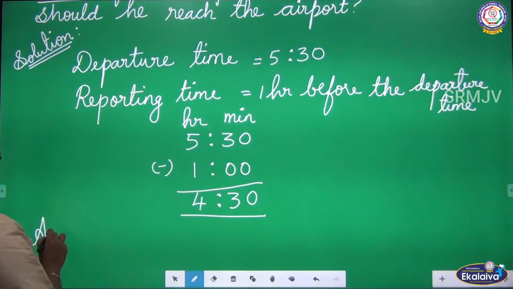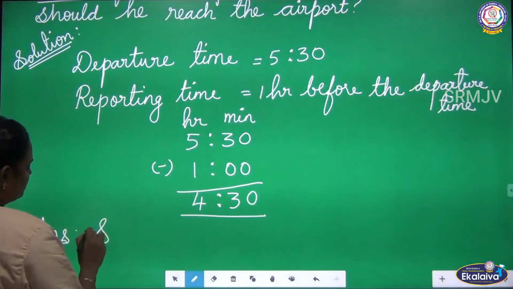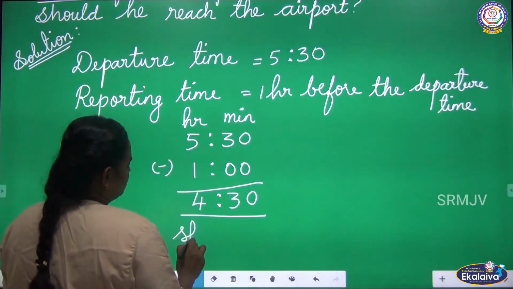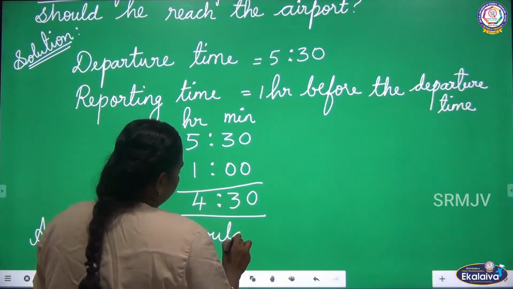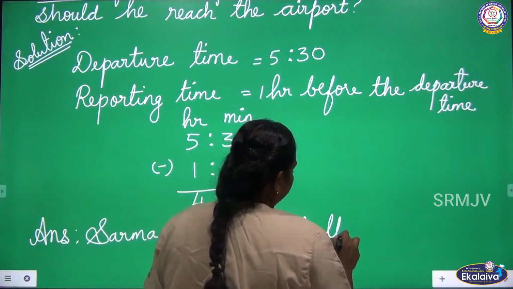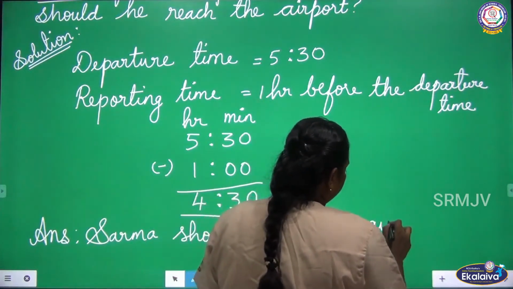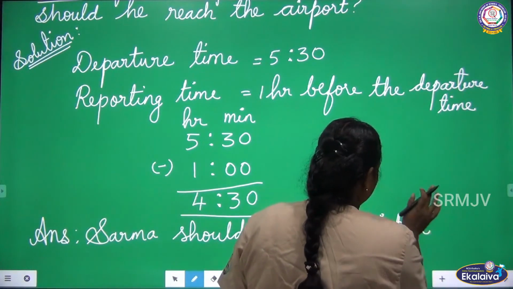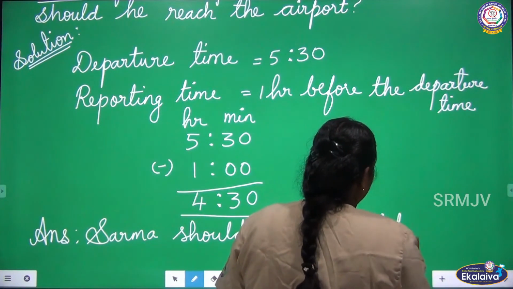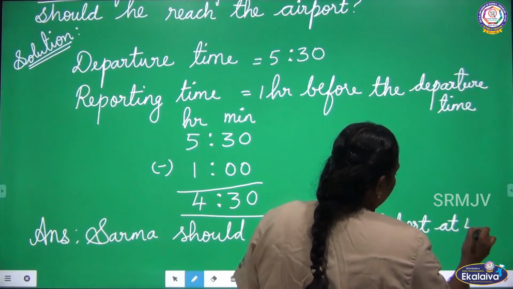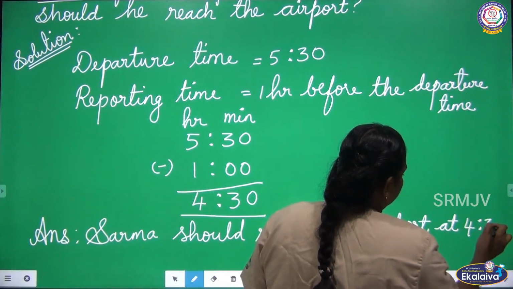Answer: Sarma should reach the airport at 4 hours 30 minutes.